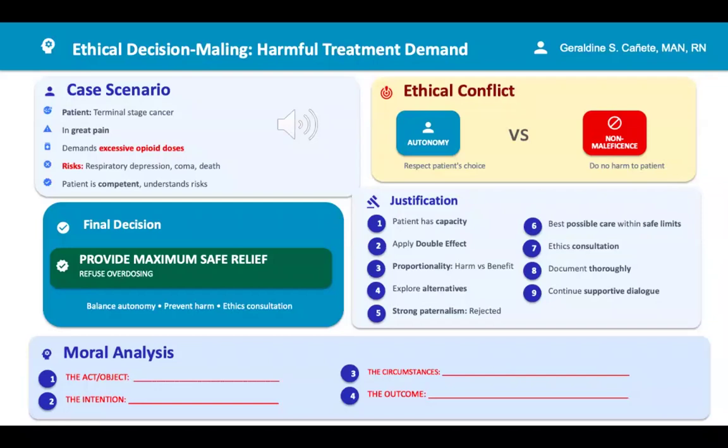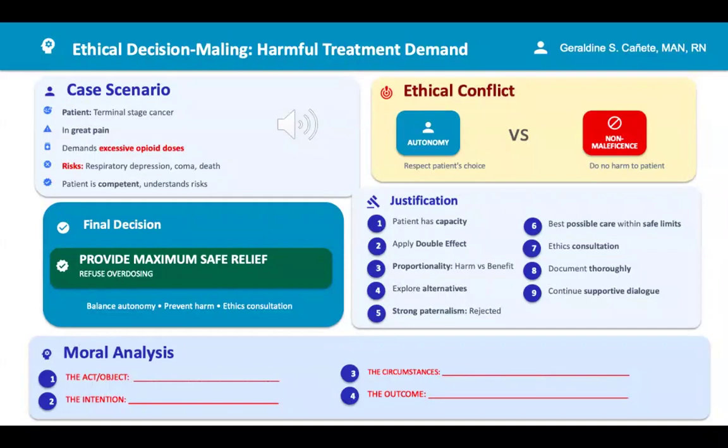The act itself is a complex one involving both providing care and setting boundaries. For the intention, to alleviate the patient's suffering while preventing them from harming themselves is a good intention. The intention is to find a balance between respecting the patient's autonomy and protecting their well-being.